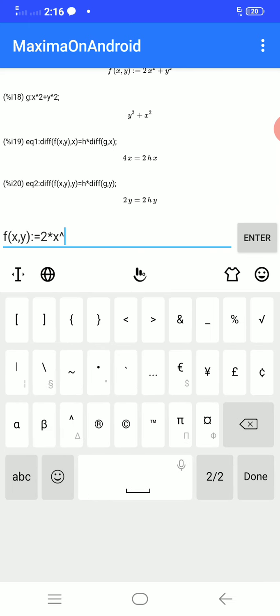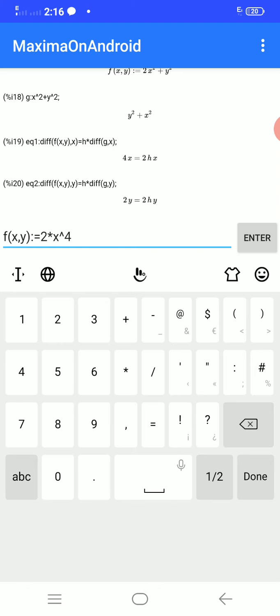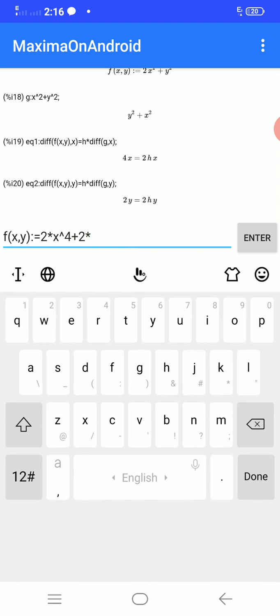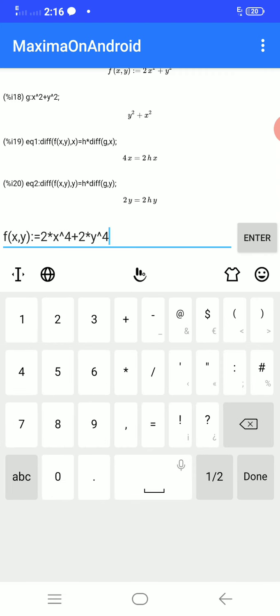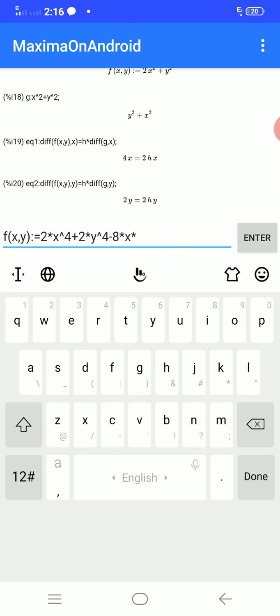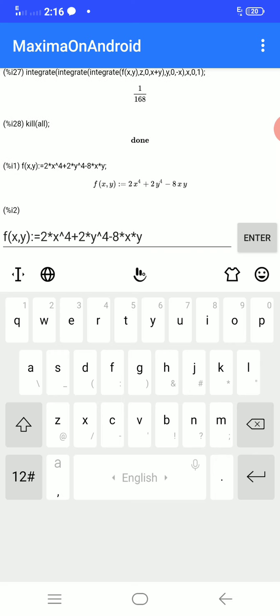So 2*x^4 + 2*y^4 - 8*x*y, then enter. We get the output: the function is 2x^4 + 2y^4 - 8xy.